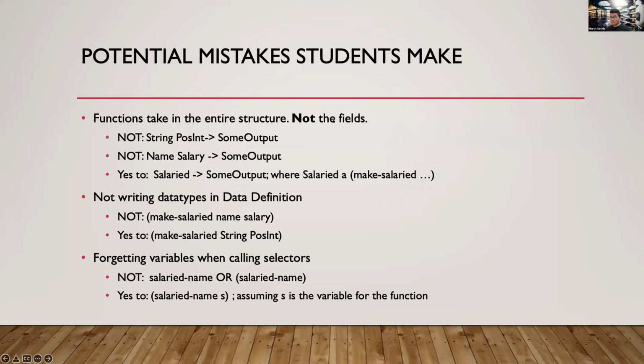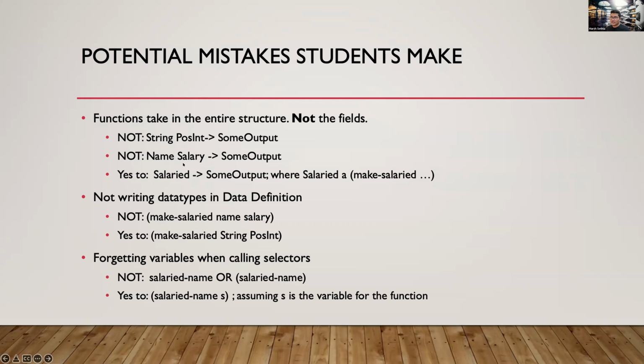And a potential thing that I've noticed in homeworks and previous exams is, if you're dealing with structures and you're making functions, ensure that you're giving it one specific type of structure. Salaried employees have a name and a salary, and the name is represented by string and salary by posint.